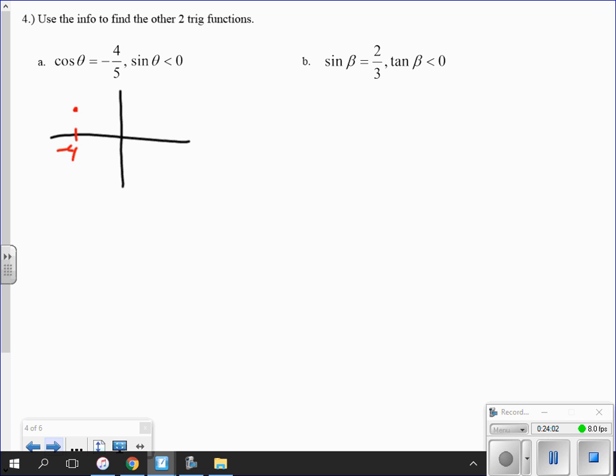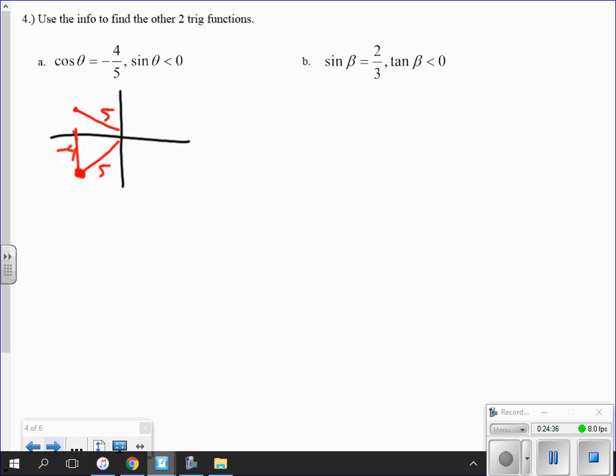I have one here, and I have one here, where this is 5, and that's 5. So the sine is less than 0. Sine is the y-coordinate, right? So where does my y-coordinate have to be? My y-coordinate has to be down here. So this is the point I'm talking about.